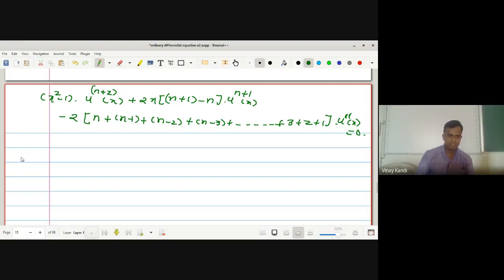Okay, so this implies x square minus 1 into u raised to n plus 2, okay, derivative n plus 2 derivative of x, minus this plus, and this minus get cancelled. So this is 2x into u raised to n plus 1 of x plus, what is the value of this one? This is minus 2 as it is.